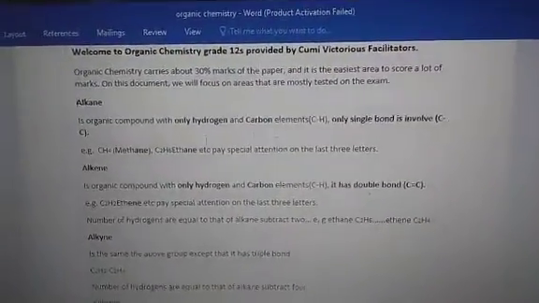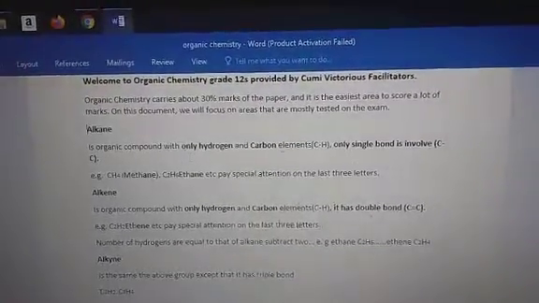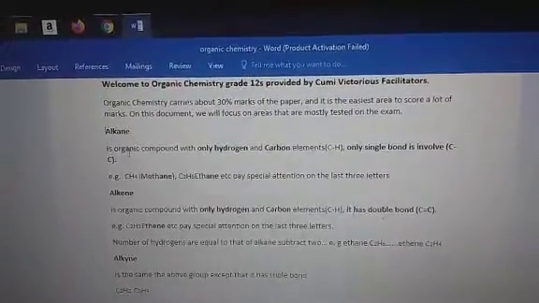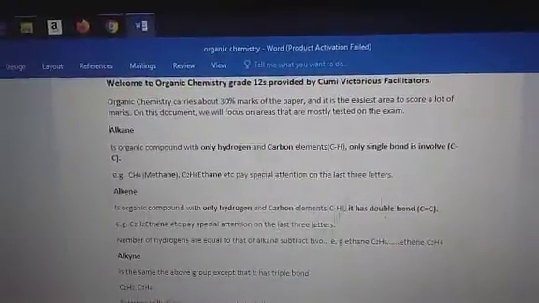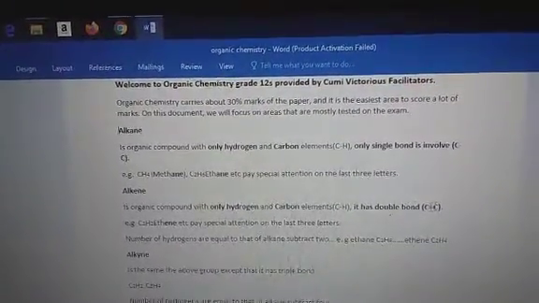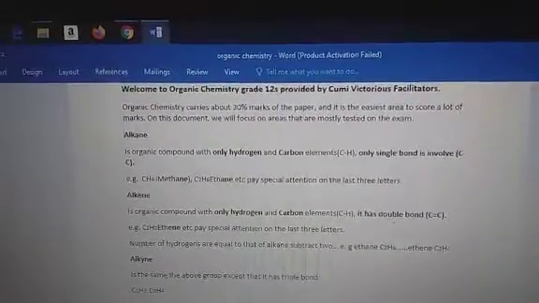You must have a double bond between carbons. So that's the only difference between alkane and alkene, is the fact that you now have a double bond. Otherwise, everything else remains the same.